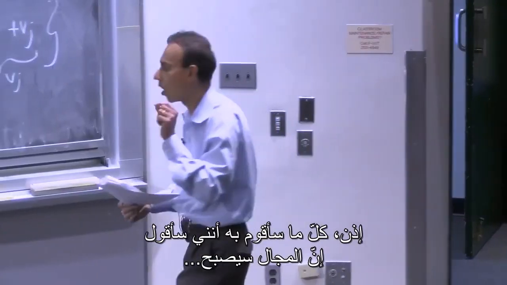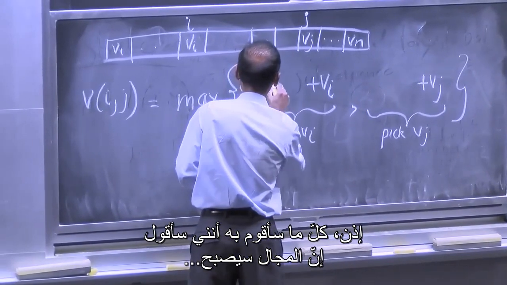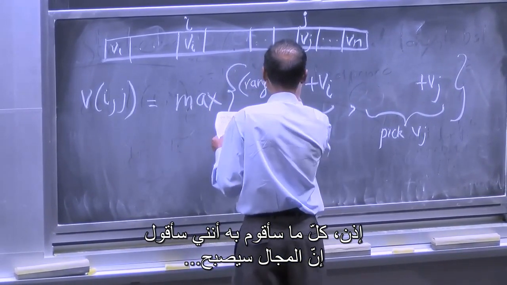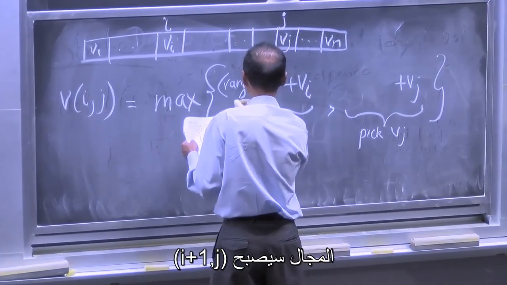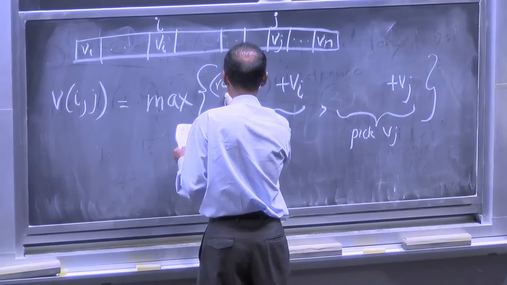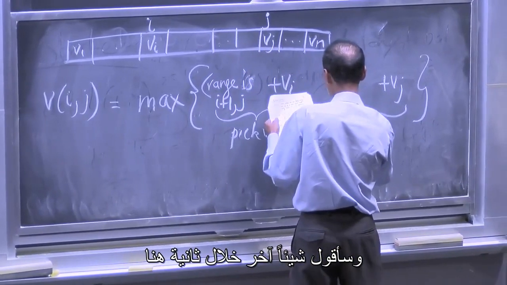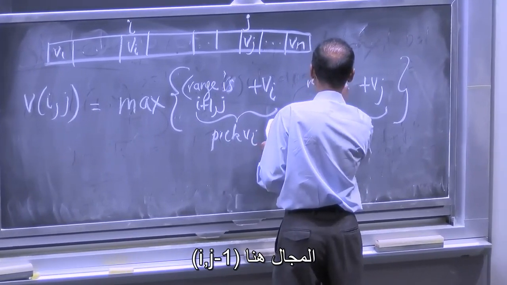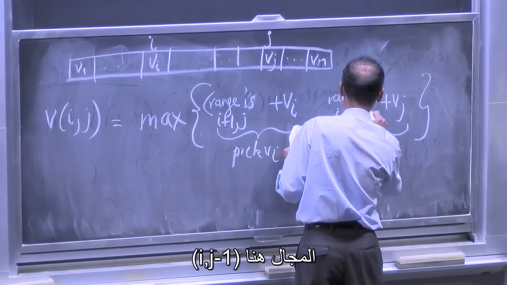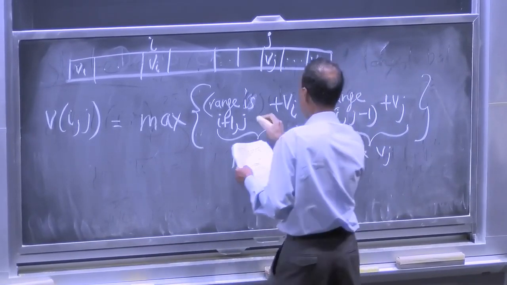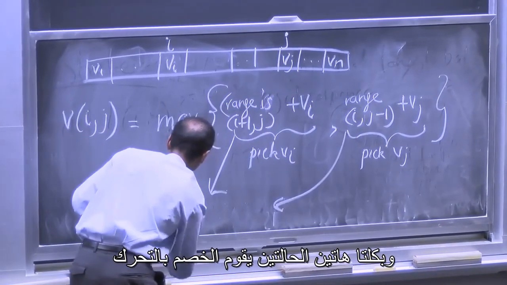So all I'm going to do is say the range becomes i+1 to j, and the range is i to j-1, and in both of these cases, the opponent moves.